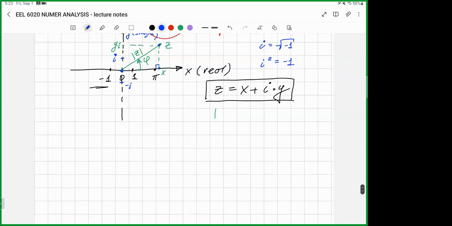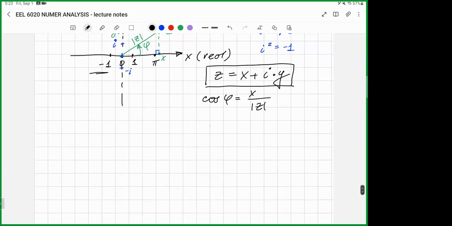So considering this right triangle, we conclude that cosine phi is leg x over the hypotenuse modulus z, and the same for sine phi. It's given by y over modulus z.